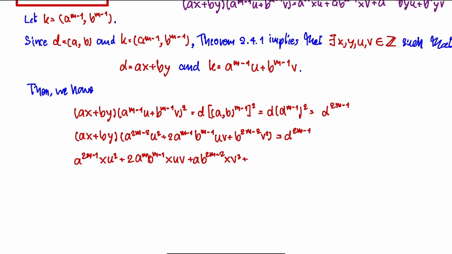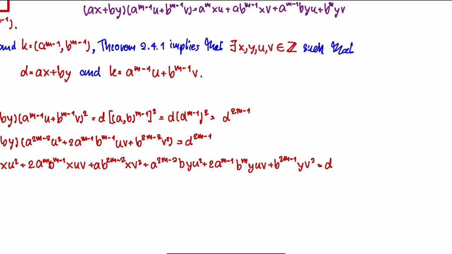And next, expand these terms. We have a to the 2m minus 2 b y u square plus a raised to the power m minus 1 b to the m y uv plus b to the 2m minus 1 y v square, equal to d raised to the power of 2m minus 1.